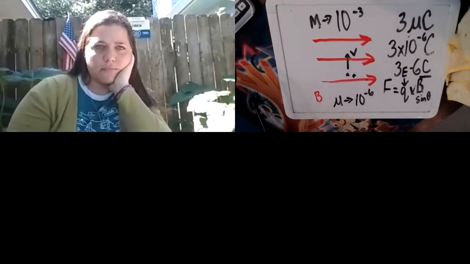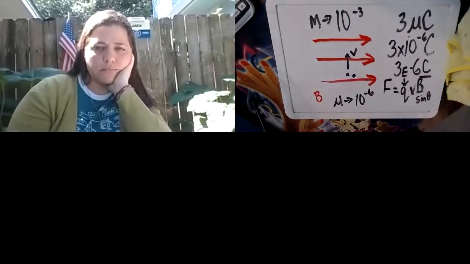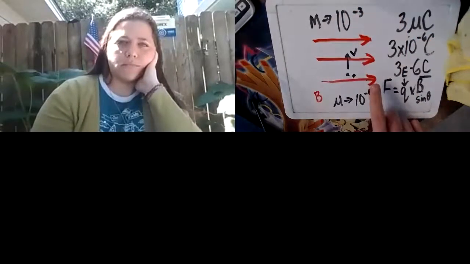To get the direction of the force, you would use the right hand. I just have to go through it because that's just the way my brain works. Your fingers represent the direction of the magnetic field. We see that the magnetic field is pointing to the right, so I rotate my fingers so they're pointing to the right. Then my thumb will tell me the direction of the moving charge.